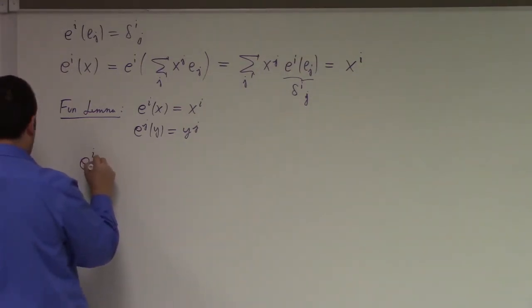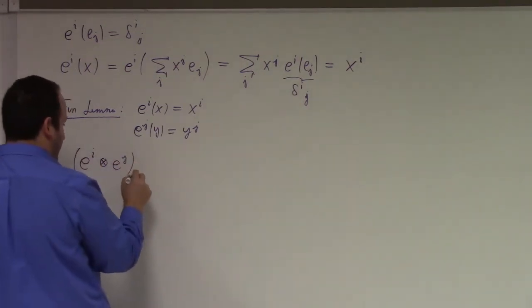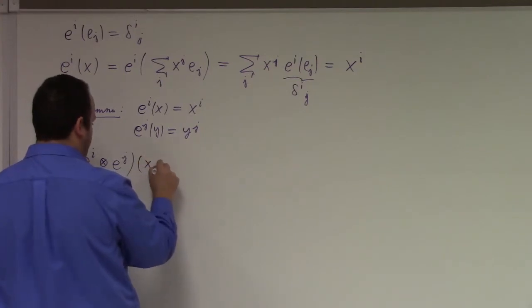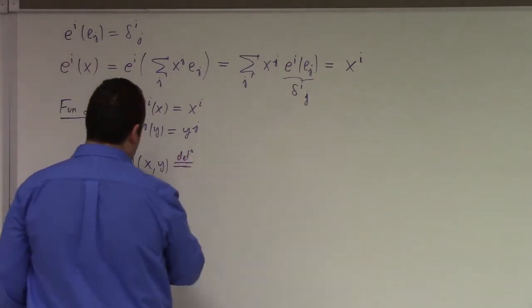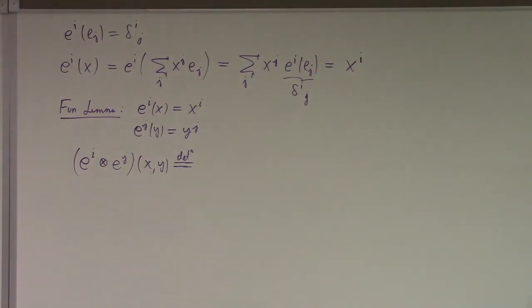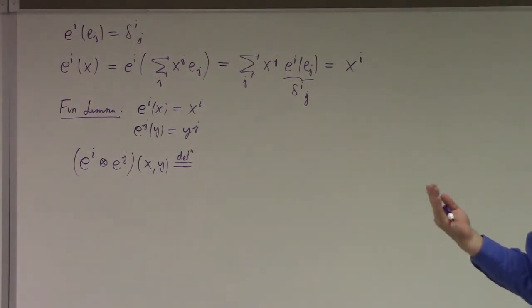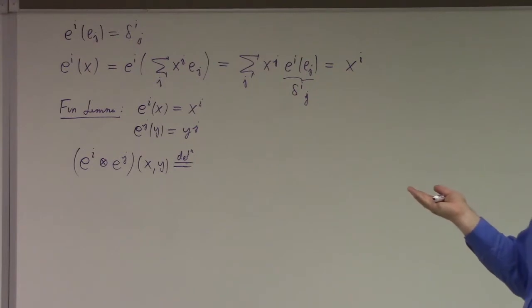I've just thrown this out, e^i tensor e^j. Now, I guess at this stage in the game, I really should make a definition. This acting on a vector x comma y is by definition what? I've done a change of viewpoint here. To start with, we were talking about tensors formally. Now I'm talking about tensors as multilinear maps. So I'm obligated to explain what I mean by the particular multilinear map e^i tensor e^j.